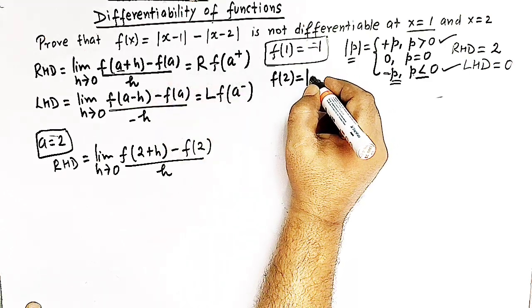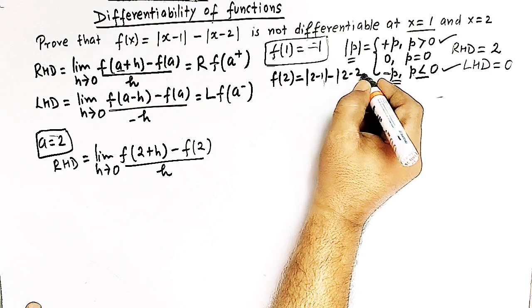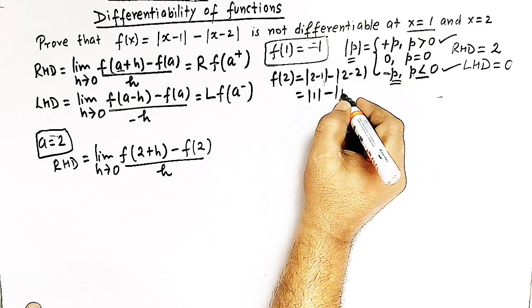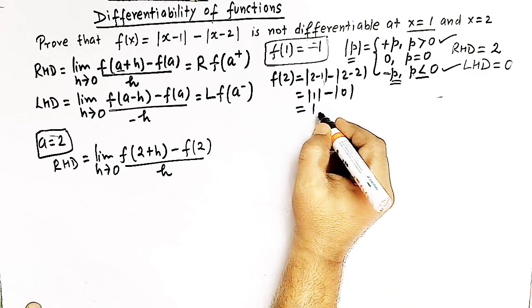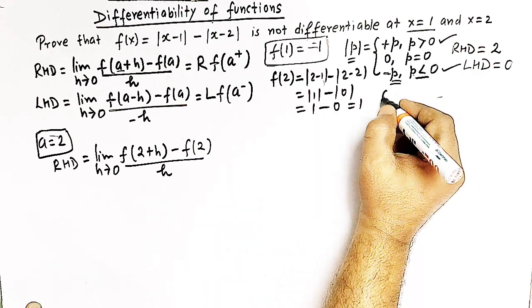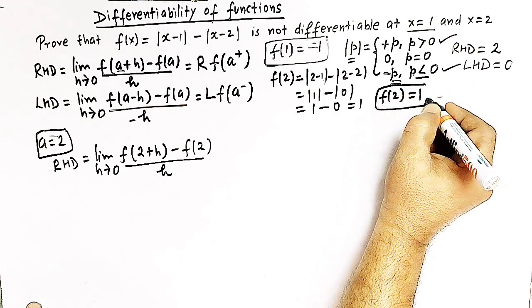So f of 2 can be obtained by replacing x by 2. So we have mod of 2 minus 1, and then we have 2 minus 2. So mod of 2 minus 1 is mod of 1, here mod of 0, and this is 1 minus 0, that is equal to 1. So f of 2 is equal to 1, right?